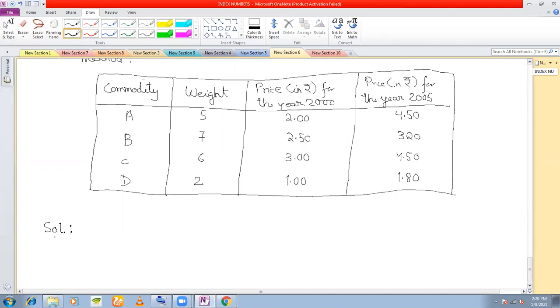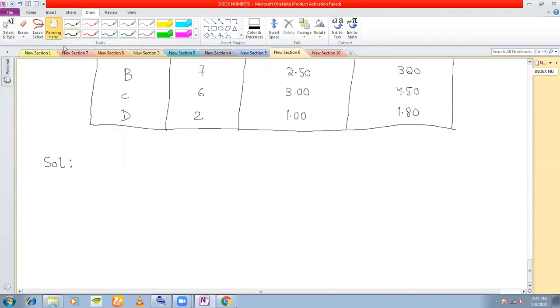Now let us start the solution for this. When you're drawing out the solution, the four columns that are given will always be there. So you draw the 4 columns as they are. In addition to that, we will require 2 more columns for the formula. What are those columns? We'll see. So in total, you will require 6 columns.